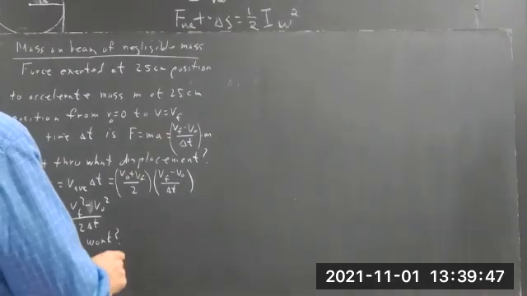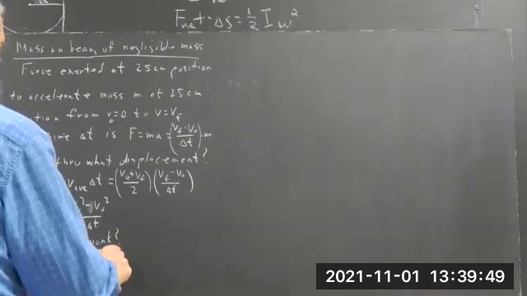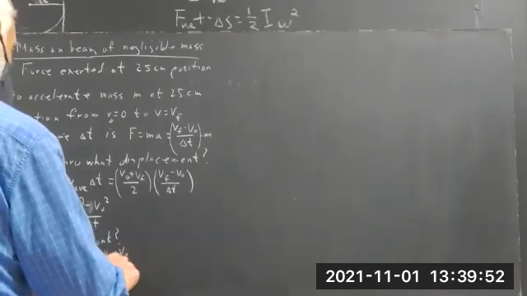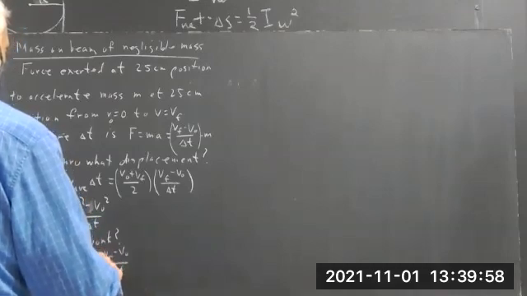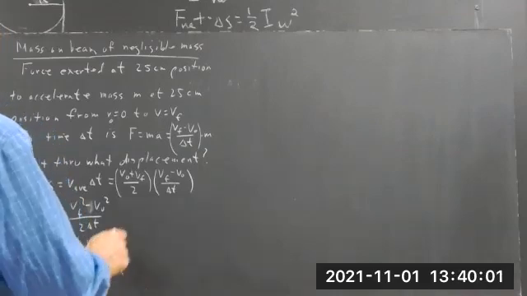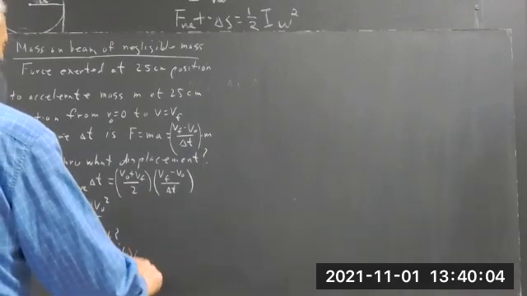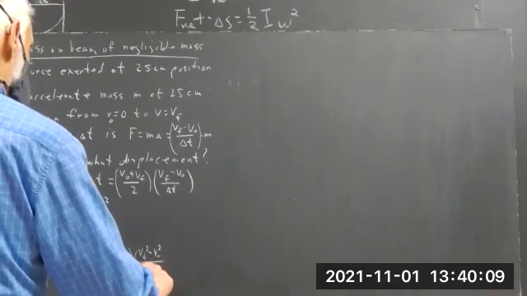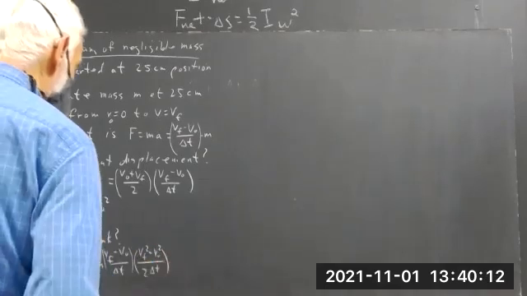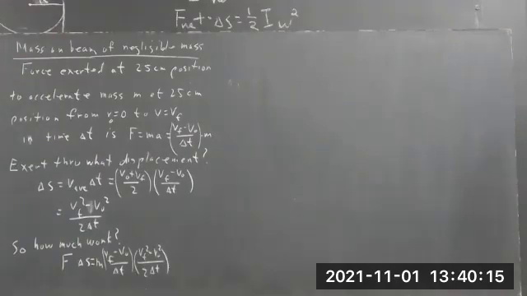equals, that's going to be this times this. Got the mass, (Vf minus V naught) over delta T, and then (Vf squared minus V naught squared) over 2 delta T. And that's kind of a complicated expression, so we're not going to worry too much about that, but be aware of it.